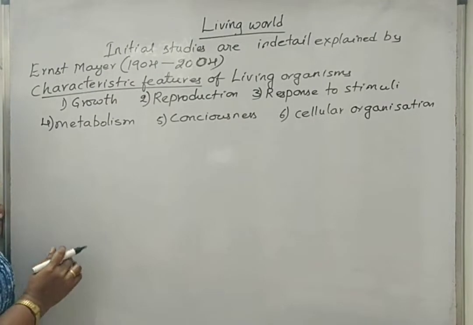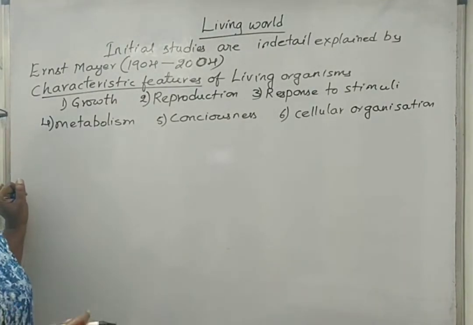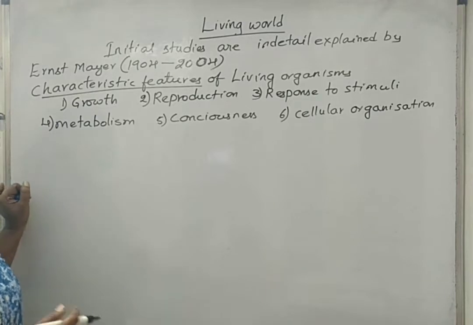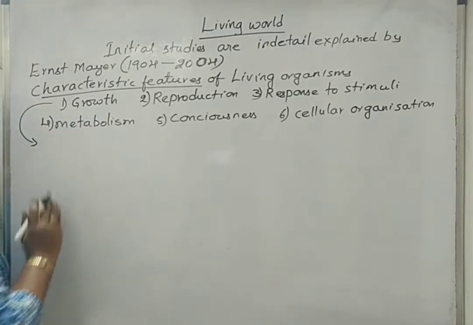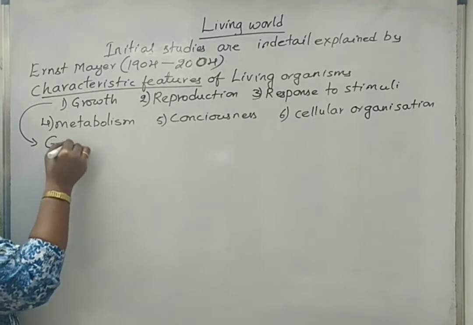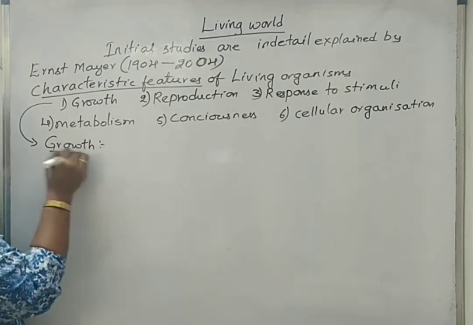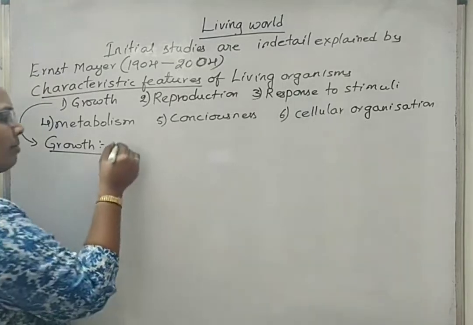We can also use another characteristic feature, like interrelationship among the living organisms to exist in nature. But these 6 are considered as very important characteristic features of living organisms. First one, we will start with growth. Growth can be defined as the increase in the number of organisms, mass of organisms, weight of organisms.